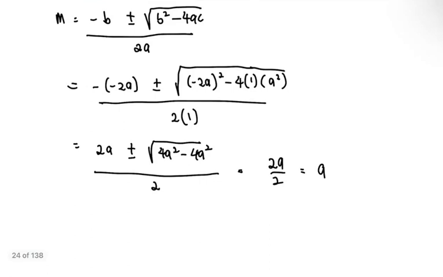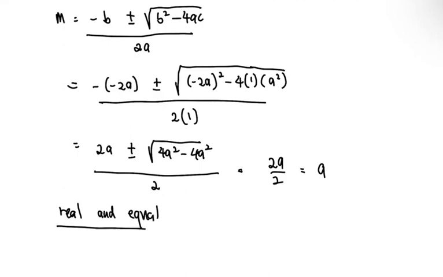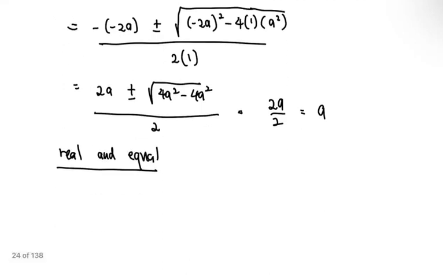So here we have only one root, so we have the real case. We don't have any imaginary number, we don't have complex number, real and equal. So the type of root we have is real and equal root. So m1 equal to m2, which is equal to a.